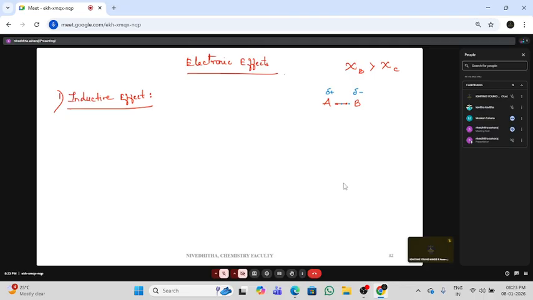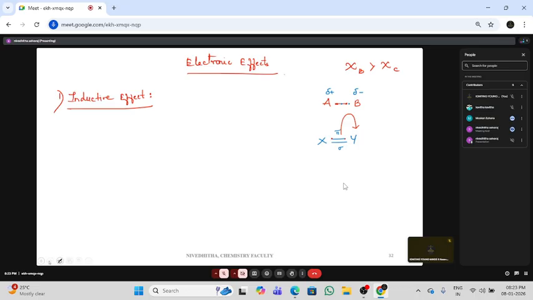Here, sigma electrons were moved towards B. In some cases, for example, I have atom X and atom Y, and these two are connected using a double bond. As we know, if we have a double bond, one is sigma, another one is pi, and we know pi bonds are the weaker ones. So the pi bond can get transferred to one of the atoms.